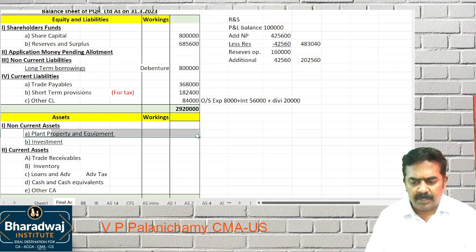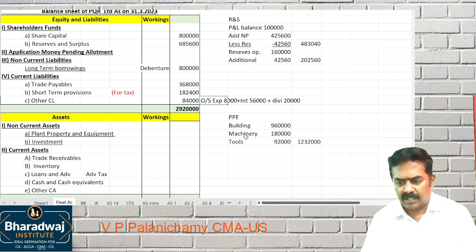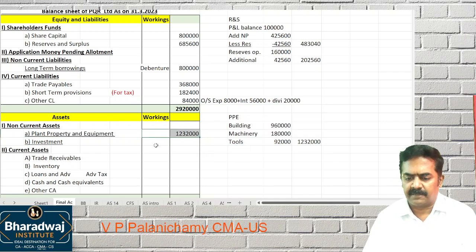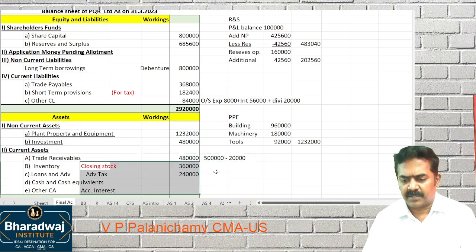Then PPE, whatever is given in the trial balance: building, machinery, tools. Don't adjust depreciation because it is given in the trial balance itself. Investment will continue. Debtors minus provision for bad debts. The closing stock will come. Advance tax will come. Cash and bank balance will come.